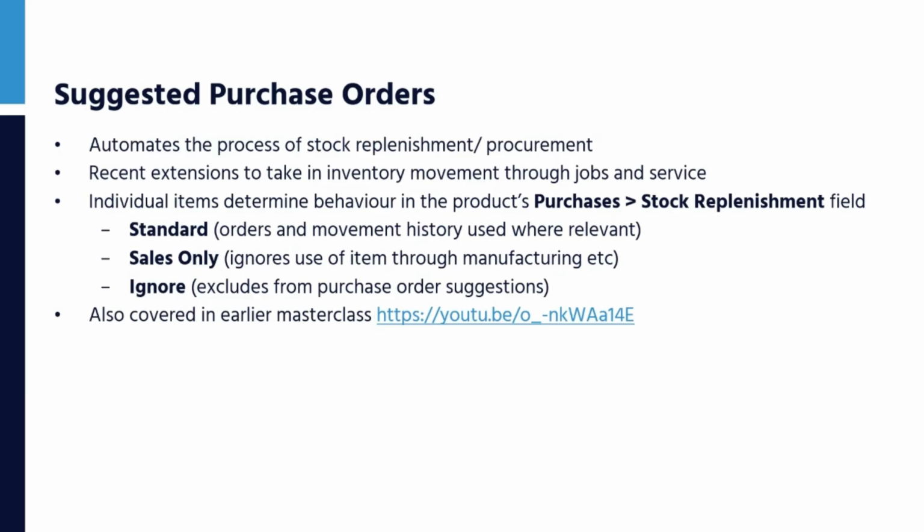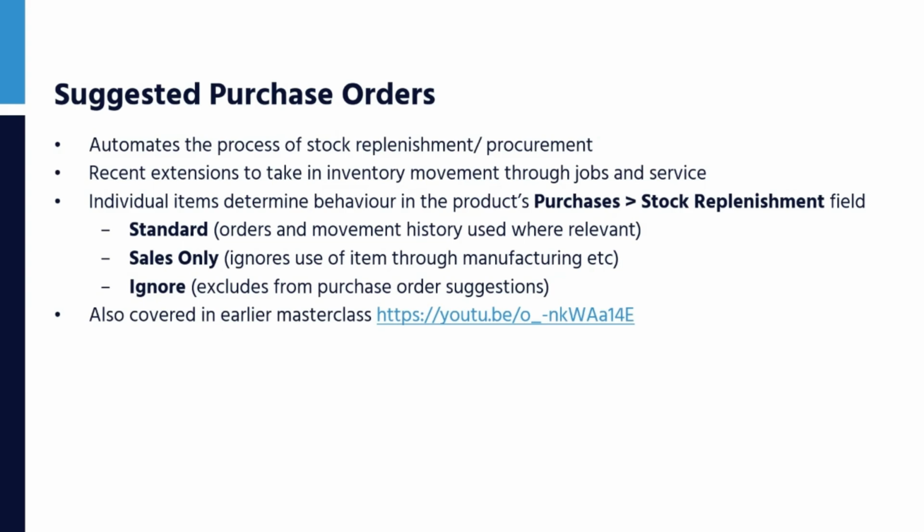Individual items, there are some behavior controls that you can place on individual items. So the 3 options that you have are standard, sales only, and ignore. Ignore is the easy one. It just says, okay, we don't want to take this item into consideration in the suggest order situation.